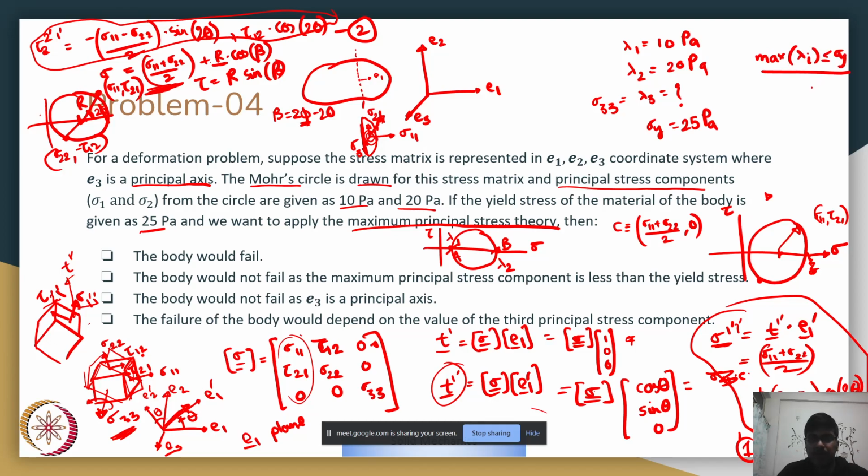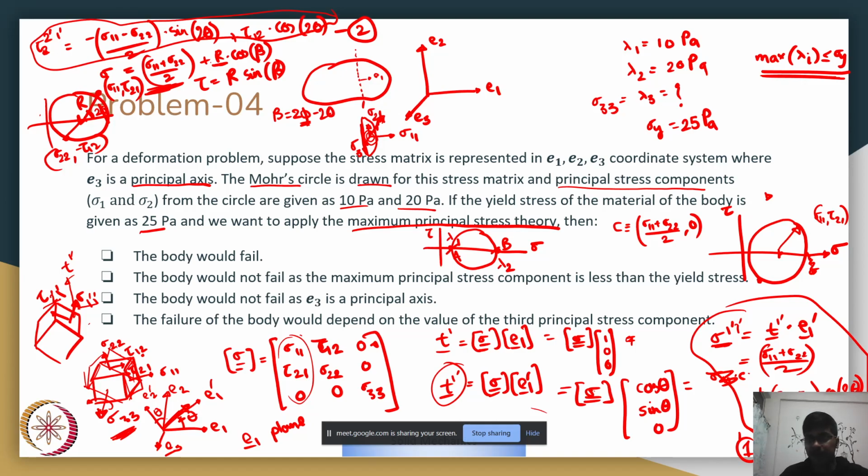This is your maximum principal stress theory, correct? Yes, sir. Now we know that out of lambda 1 and lambda 2, your maximum is 20 Pascal. 20 Pascal is definitely less than 25 Pascal, but we do not know the value of lambda 3. Suppose lambda 3 is again 20 Pascal, we are okay. If it's 15, it's okay.